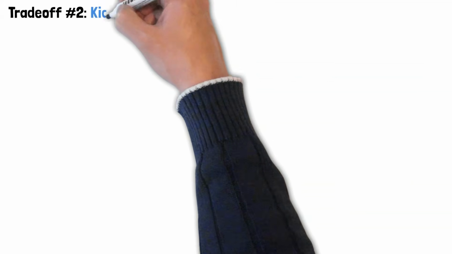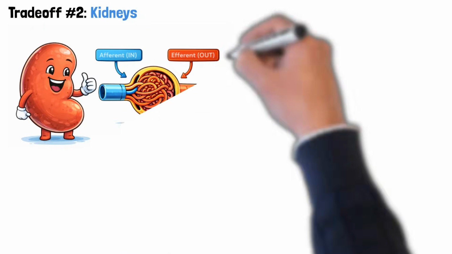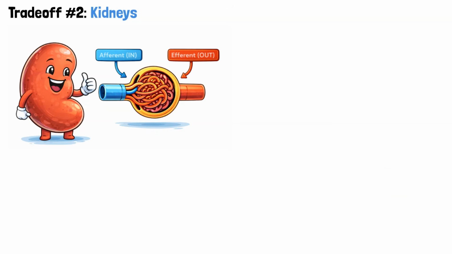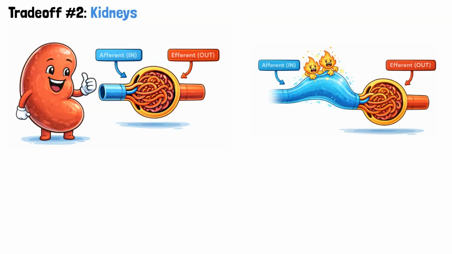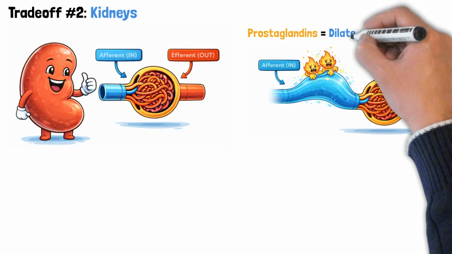so you can't always feel it coming. The second trade-off when using NSAIDs is going to be in the kidneys. So in the kidneys, prostaglandins help keep blood flowing, especially when your kidneys are already under stress. Your kidneys love blood flow. That's what keeps them alive, and that's what lets them do their job.